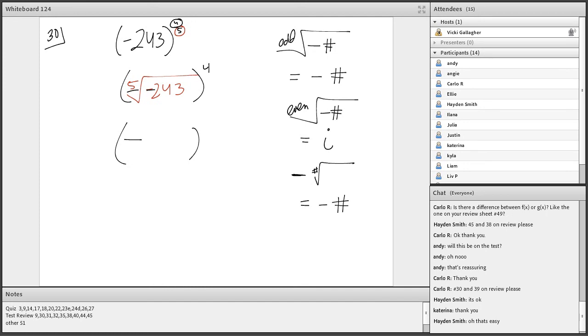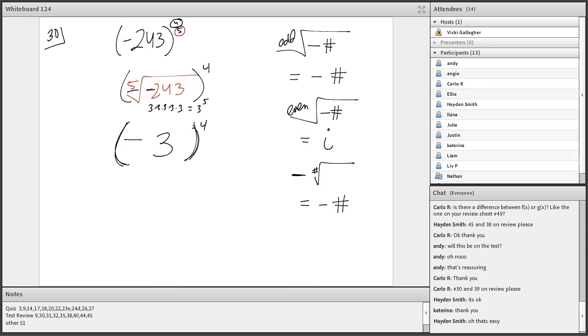Okay, 243, I will tell you right now, when you factor tree it, you're going to get 5 number 3s, otherwise known as 3 to the 5th. So the 5th root of negative 243 is negative 3, and then I still have this exponent of 4 on the outside. Now, if you're going to type this into your calculator, make sure to type it with the parentheses.